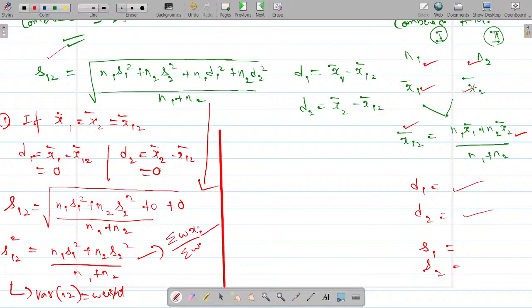This is the arithmetic mean formula, but instead of x, I'm using standard deviation square. So it is the weighted arithmetic mean of the variances of the two groups. Yes, please make a note of it. This is case one.